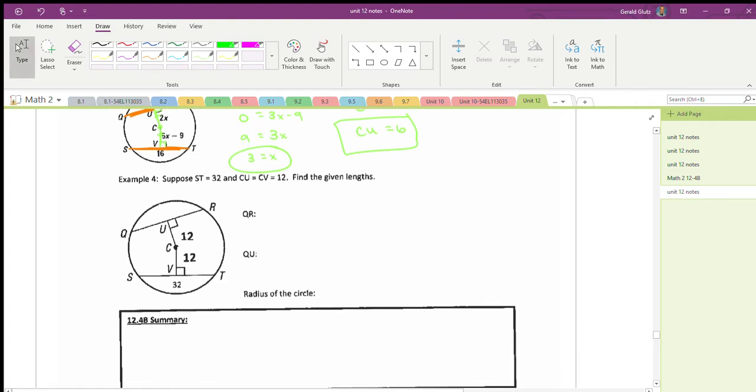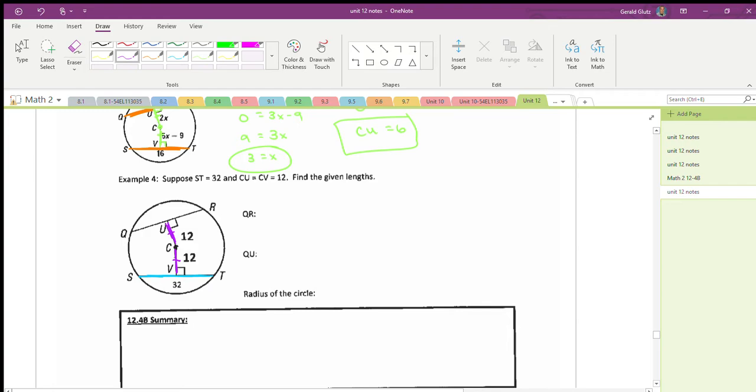And then finally our last example. So ST is 32, and CU is equal to CV. So CU and CV are congruent, they're both 12. And then I got to find QR.